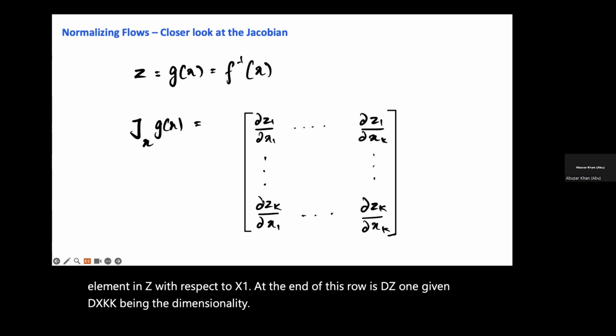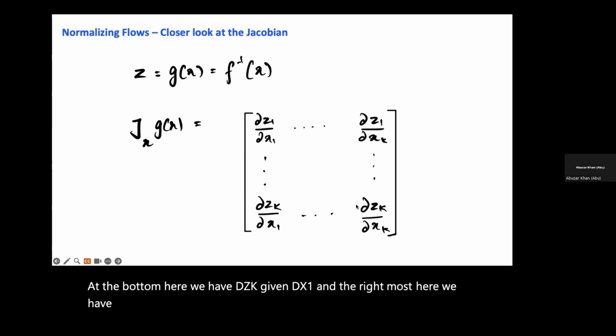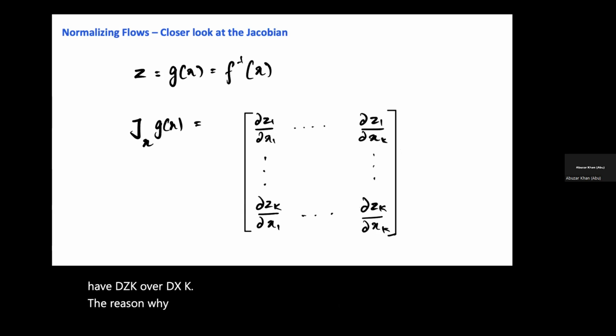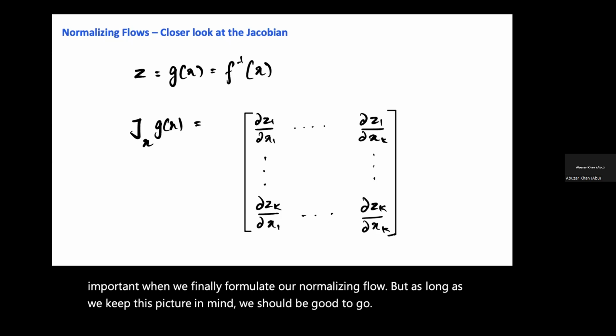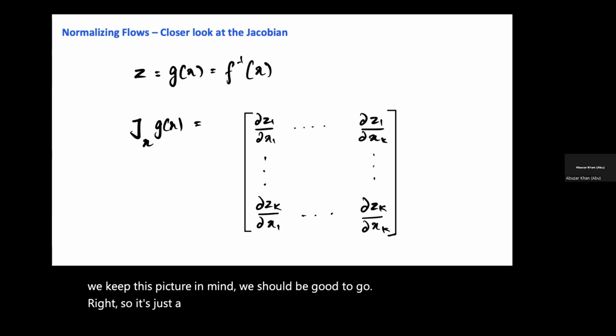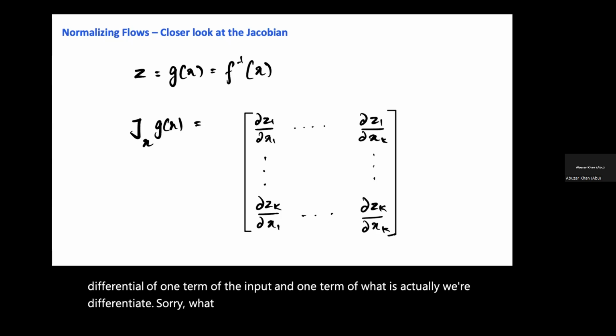At the bottom here, we have dZk over dX1, and on the rightmost here, we have dZk over dXk. The reason we are taking a look at this is because it will become important when we finally formulate our normalizing flow. As long as we keep this picture in mind, we should be good to go. It's just a matrix in which every single element is a partial derivative of one term of the output with respect to one term of the input.